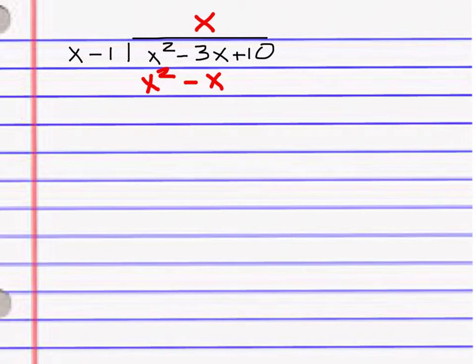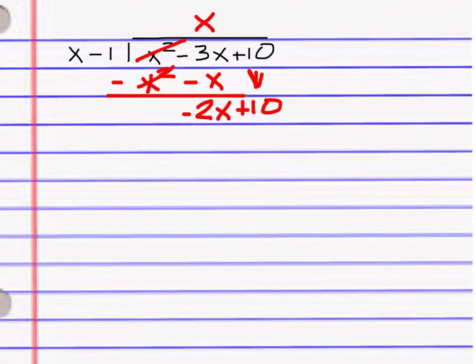What operation do I need? Subtraction. x squared minus x squared is what? 0. Negative 3x minus a negative x is what? Negative 2x, yes. When in doubt, use that calculator. Negative 3 minus a negative 1 is negative 2. What are we dropping? We're dropping the plus 10. And now, what do I multiply x by to get a negative 2x?